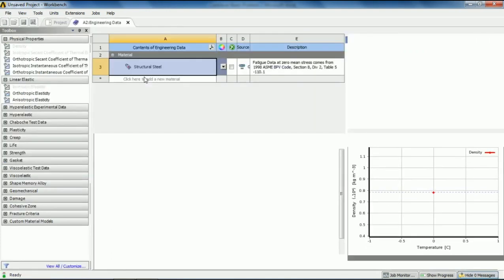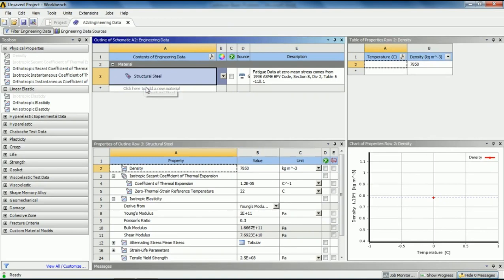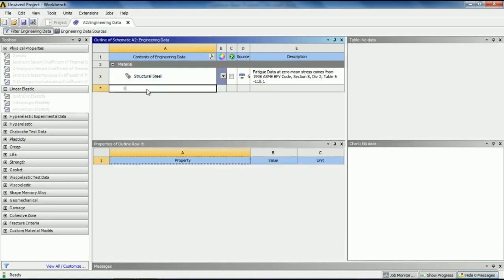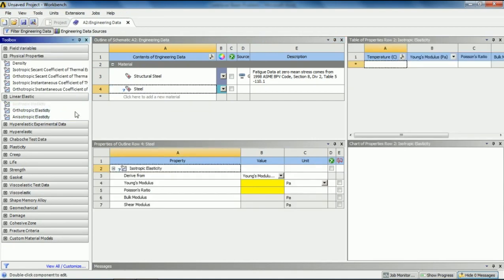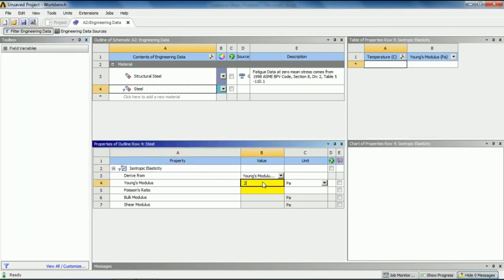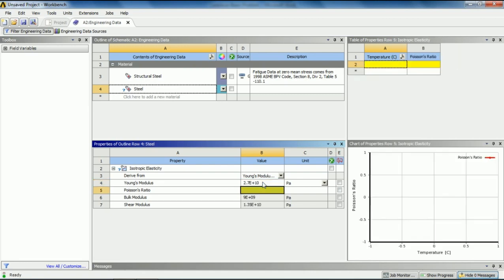Double click on engineering data, create a new material and name it steel. To create its properties, double click on isotropic elasticity. Now give the Young's modulus value 2.7e10 pascals.